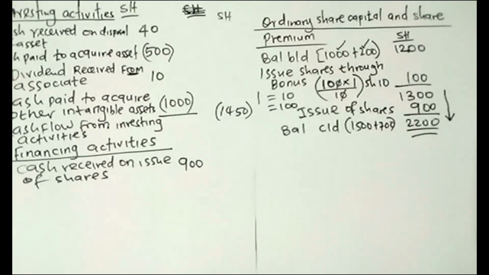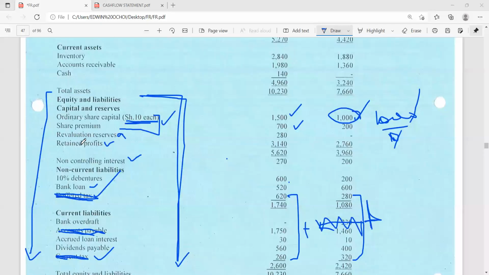After we are done with the two items, that is ordinary share capital and share premium, we head to the retained profit. Because I've already said that the revaluation reserve was the one used in financing the bonus, because a bonus is shares issued for free to the existing shareholders based on a certain proportion.